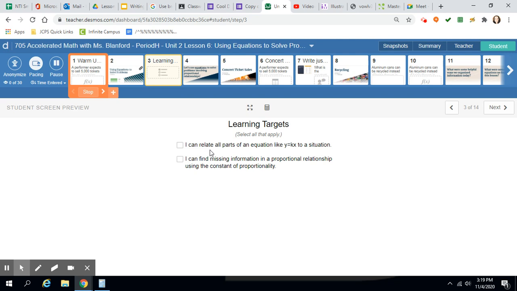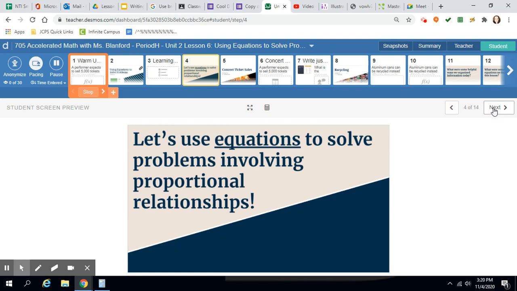So we're going to relate all the parts of an equation, like the y, the k, and the x. We're going to know how they relate to a given situation. And we're also going to find the missing information in a proportional relationship using the constant of proportionality, which we actually just did. So you should be able to check that off if you understood it.